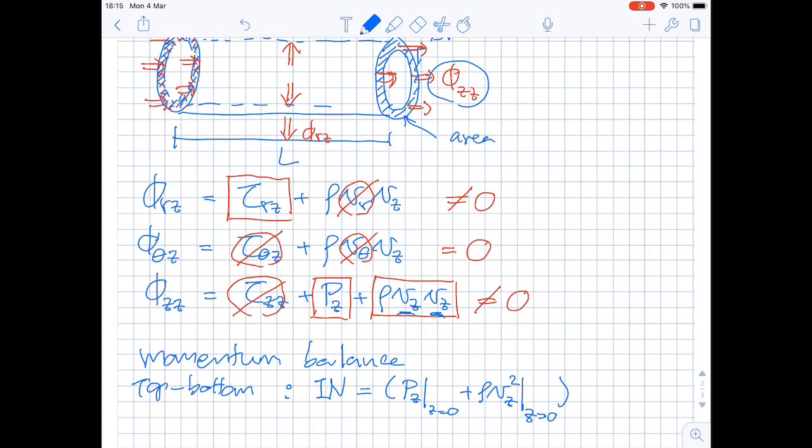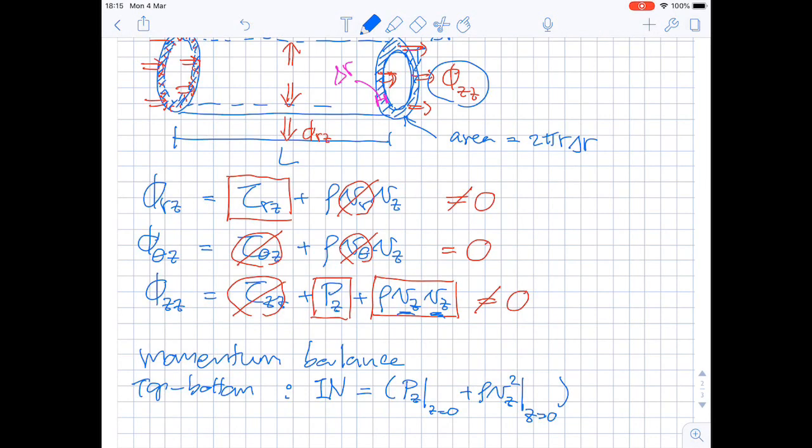The highlighted area is supposed to be the inner circumference here, which would be 2 pi r multiplied by the thickness. The thickness here is delta r. So therefore we need to multiply this by delta r.